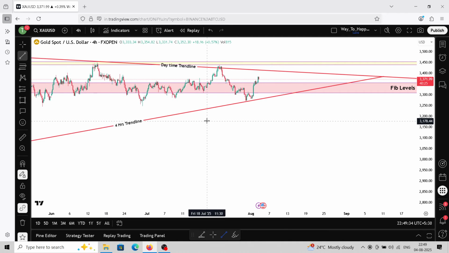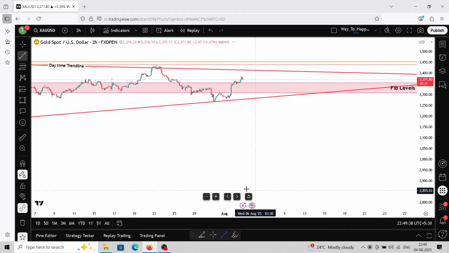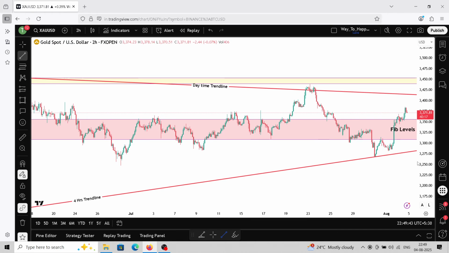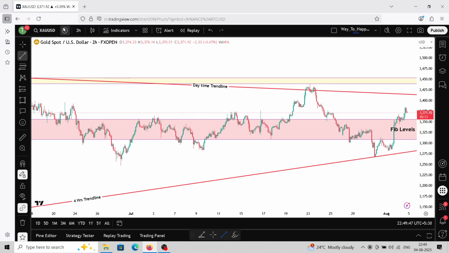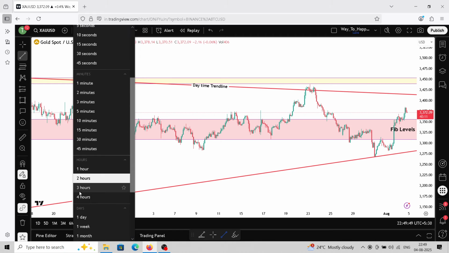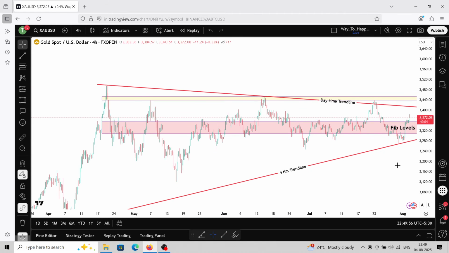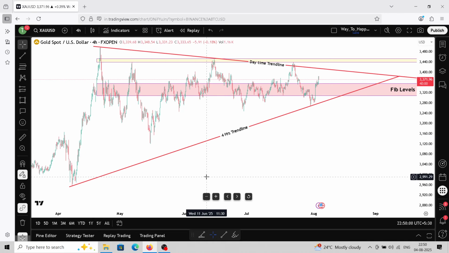Let me go to the 1 hour also before I say in my opinion what gold is trying to do. This is for sure: this trade will be a big one in gold, because the way gold is moving sideways, gold is going to give something to us.